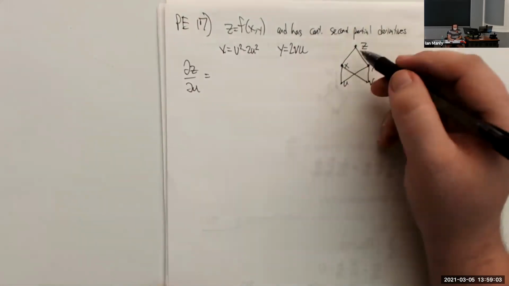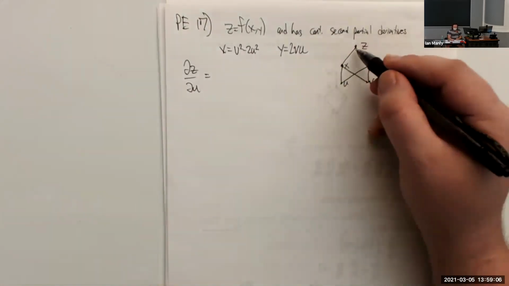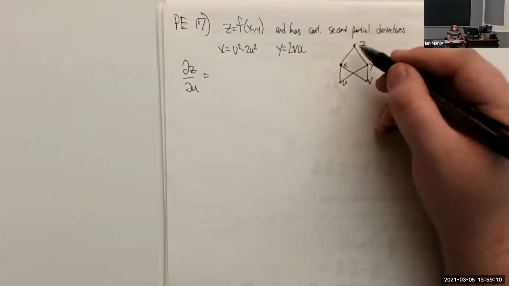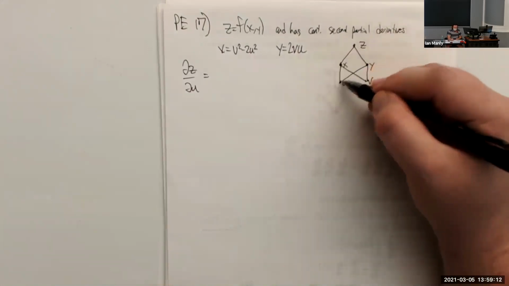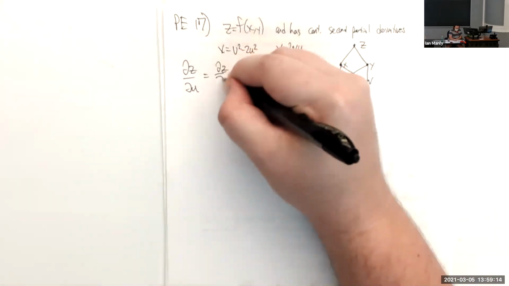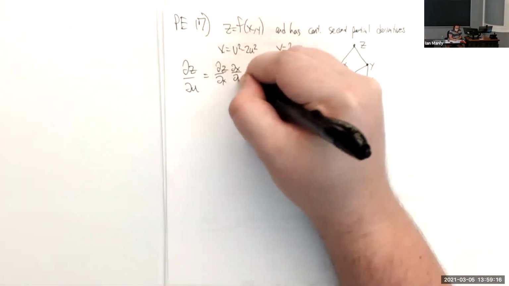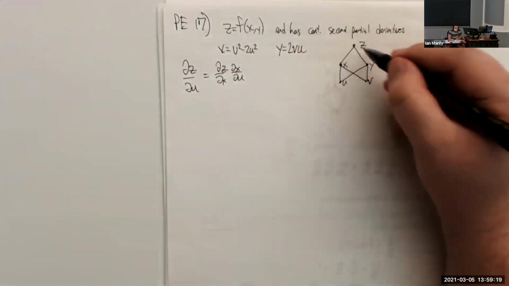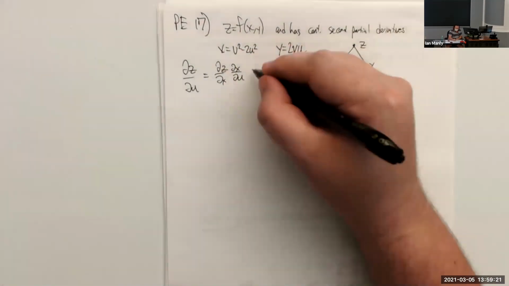So if we want to do our u derivative, we follow all of the possible paths down to u. So we do partial z, partial x, and then partial x, partial u. And then we do partial z, partial y, and partial y, partial u.